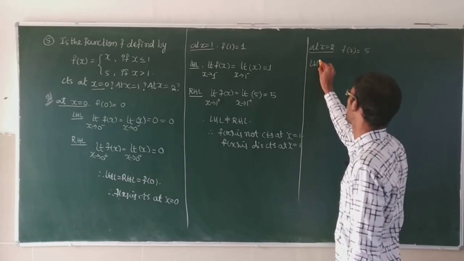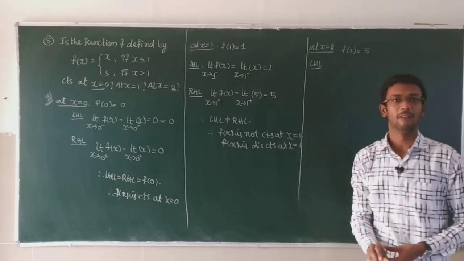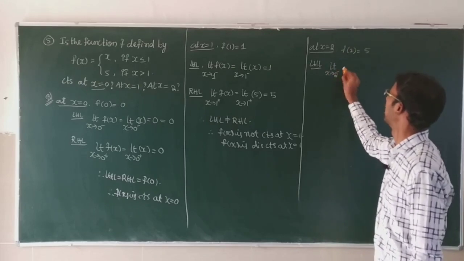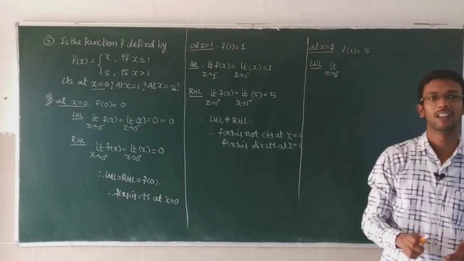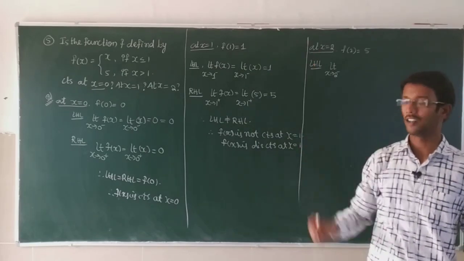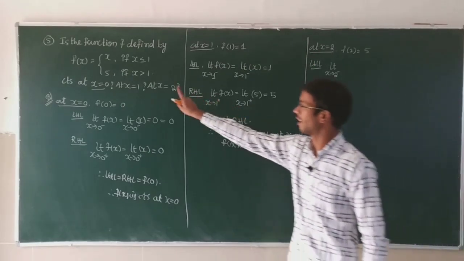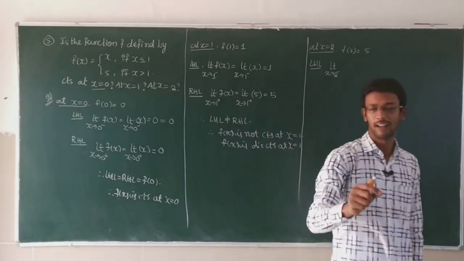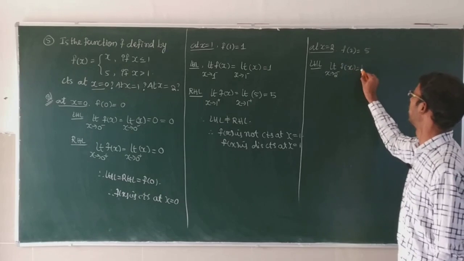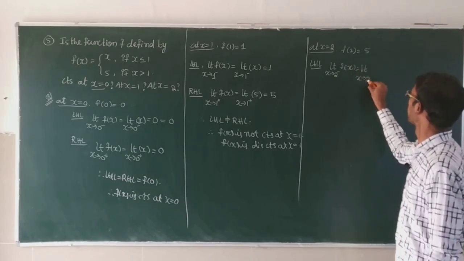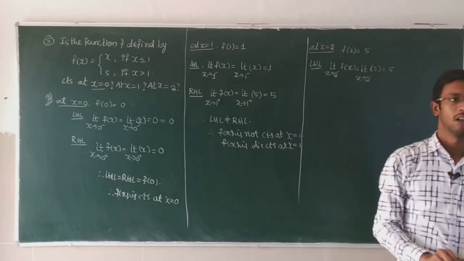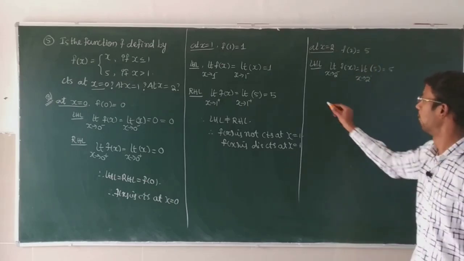Next, LHL, limit x tends to 2 minus. 2 minus means what is the value of 2 minus, 1.9999 and so on. So that's why it is greater than 1. 1.999 is compulsorily greater than 1. So the constant value will become 5. The limit of the function value, the constant value, is 5.